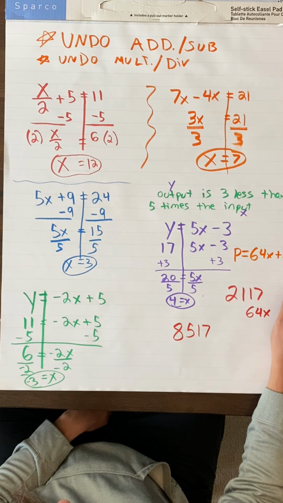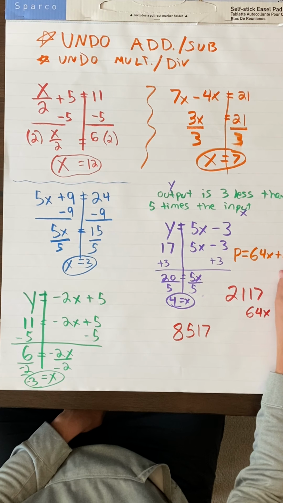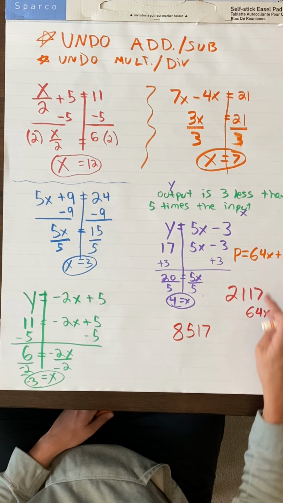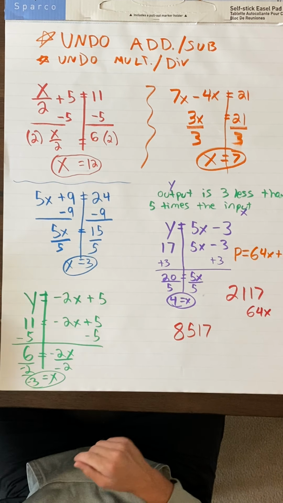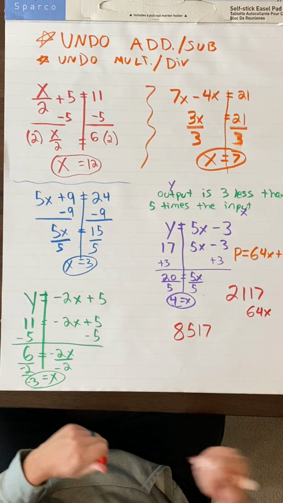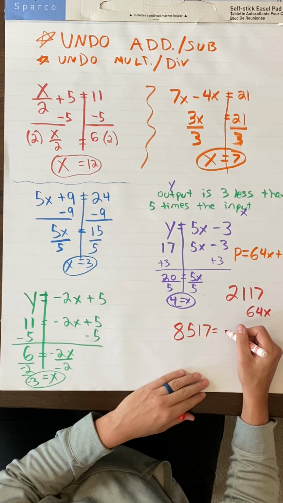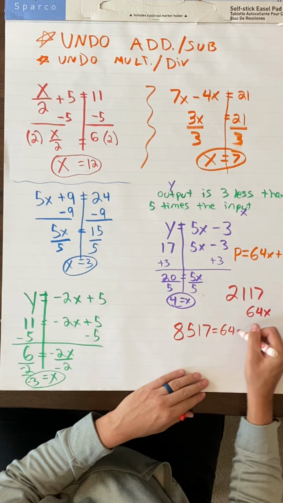Remember, that's where you started. You didn't start at 0. This is where the pressure is at the top of the water. So we want to know when it will be 8,517. So we're going to substitute that in.